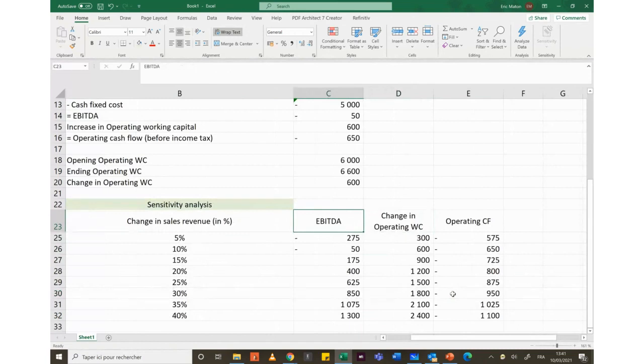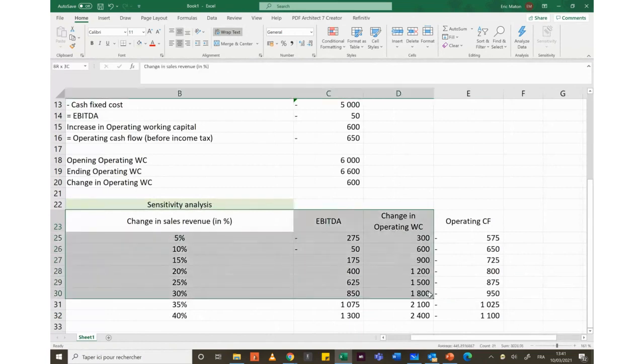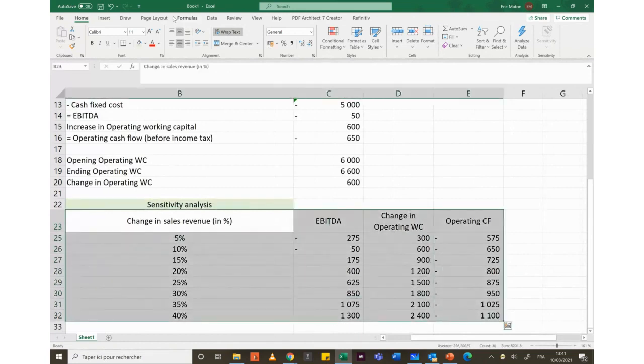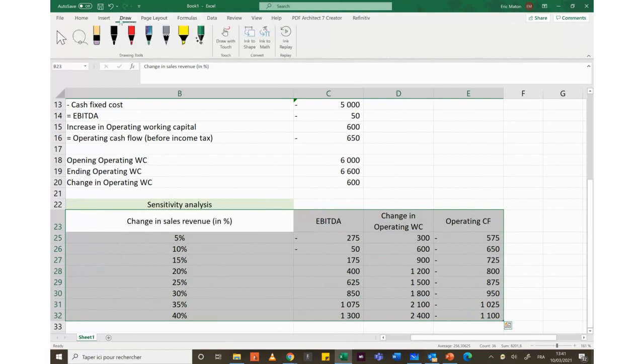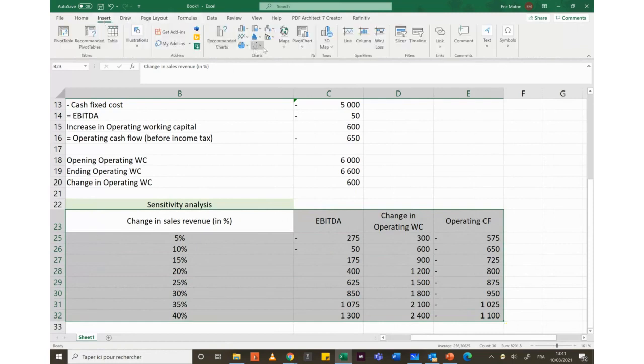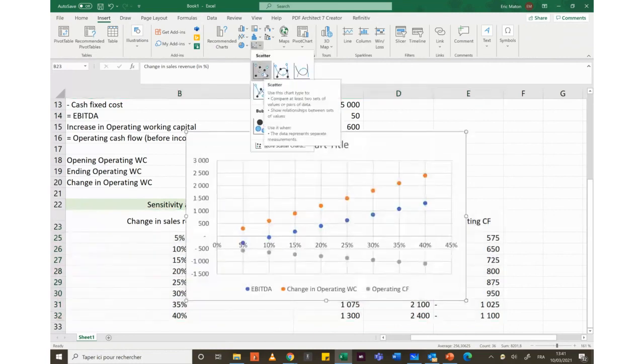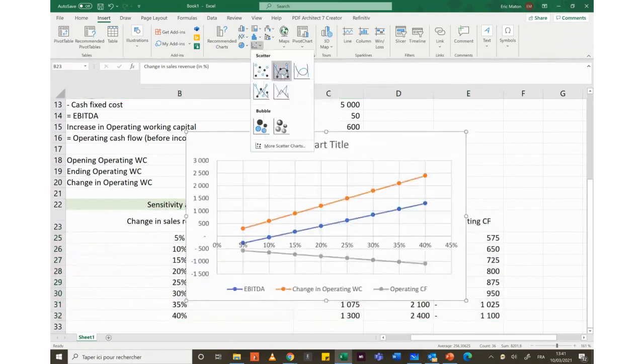So we can represent here with a diagram. Insert. I'm not sure I will find the good one. What is this one? Not exactly. Yes, like this one. Yes, is this one? Or this one? Okay. No. Yeah, this one.